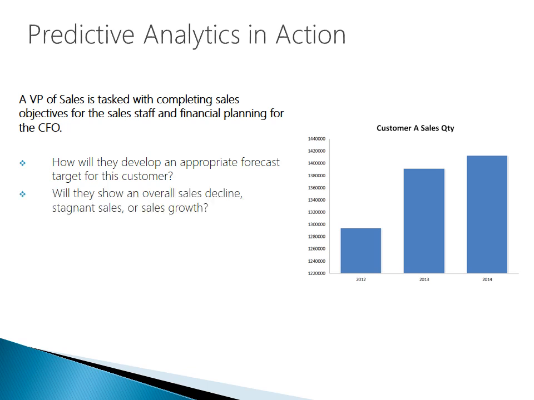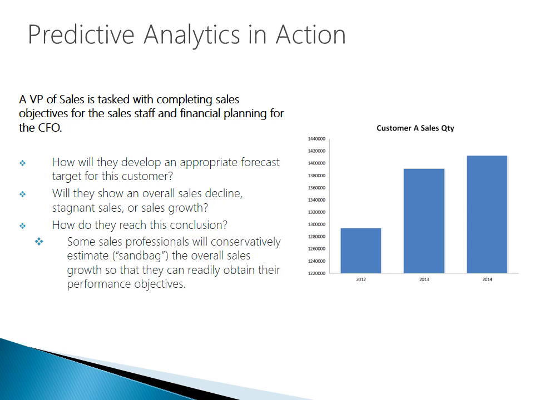Will they show an overall sales decline? Will they show stagnant sales or sales grow? If you had to look at this bar chart, what would you come up with? And how do they reach this conclusion? And to me, that's the interesting part of how they develop their forecast.